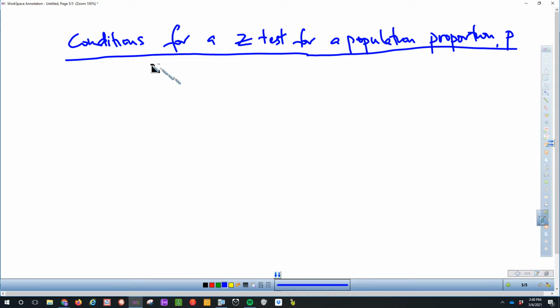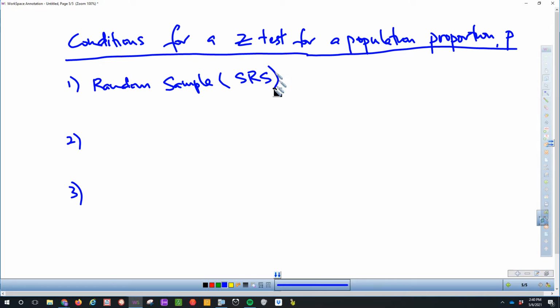Now, there are actually three conditions, and those three conditions are very, very similar to the confidence interval conditions, because the first one is random sample, or SRS, or it says it's from a random experiment.